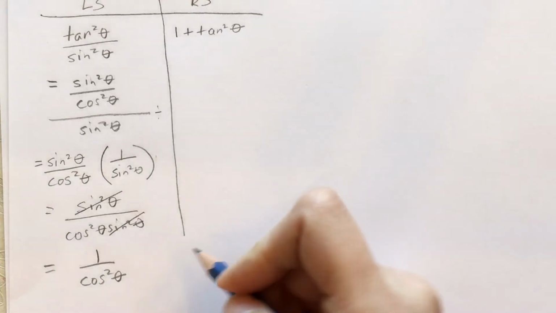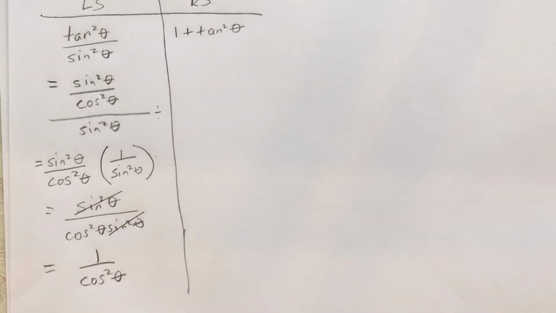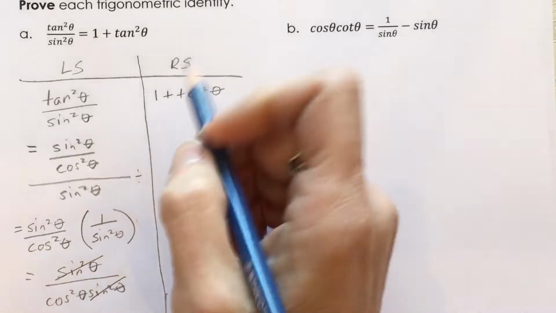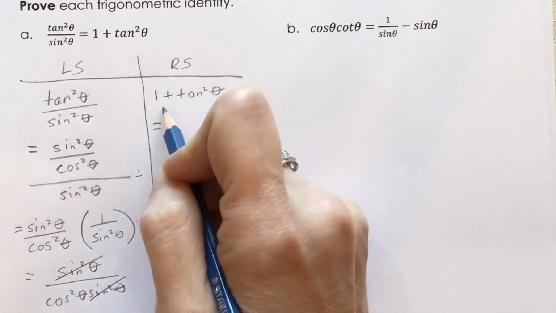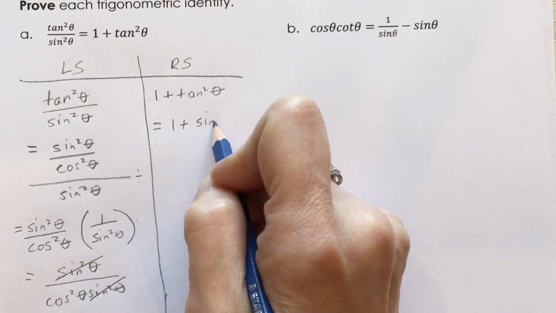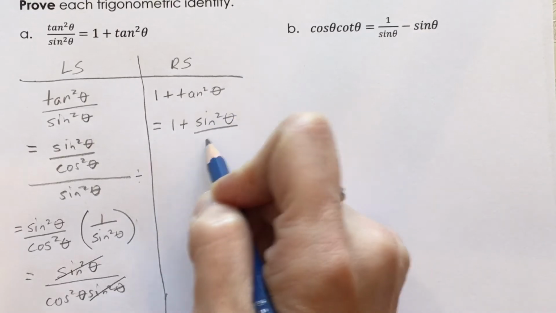So let's try the same technique on the other side, switching everything to sine and cos. So 1 plus tan squared we can write as 1 plus sine squared theta over cos squared theta.